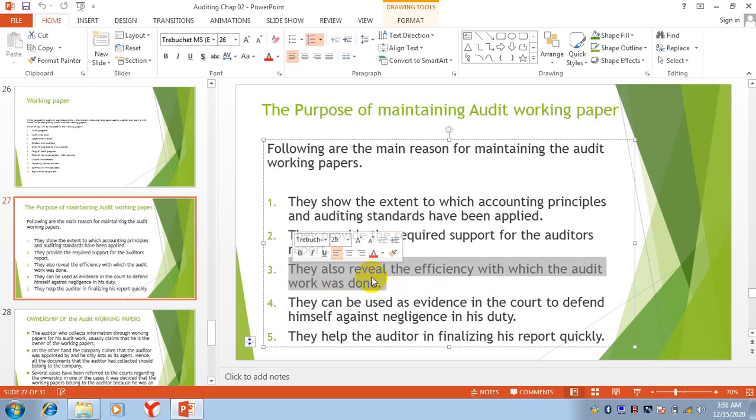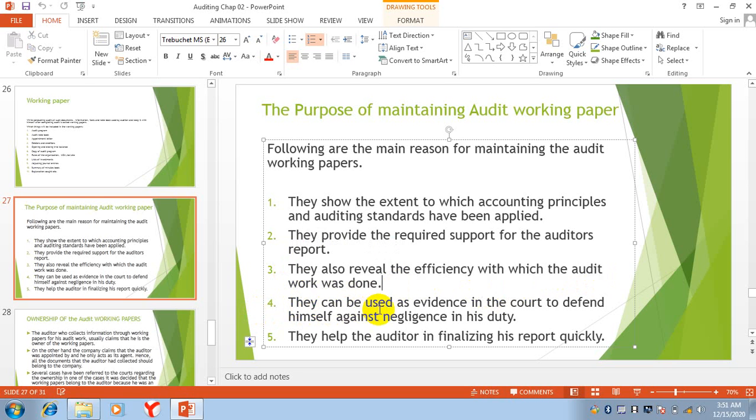If the auditor maintains good quality working papers, it shows the efficiency of that audit work, whether the auditor performed good audit work or bad audit work.